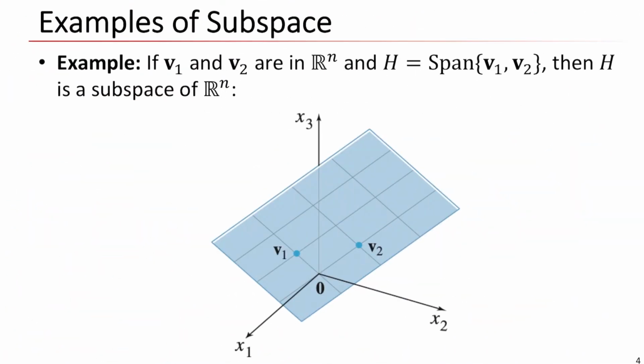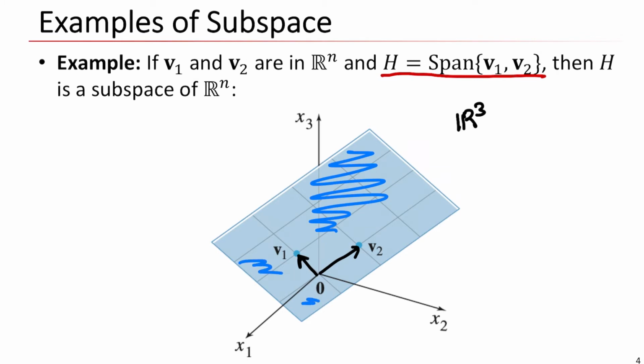Okay, so let's see the visualization. Let's say we have the vectors v1 and v2 in R3 space, right? Then what is the span of v1 and v2? This one, because it's the linear combination of v1 and v2, right? So this is a plane in R3 space, and this plane is a subspace.